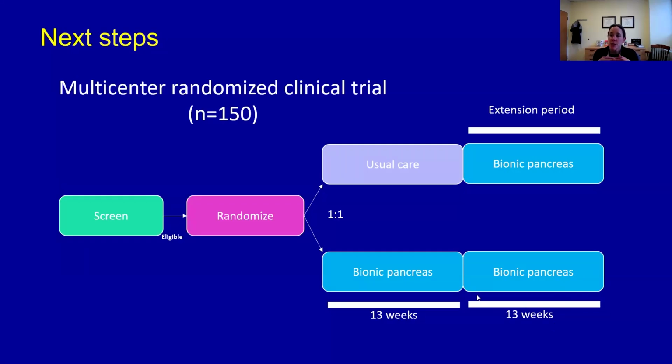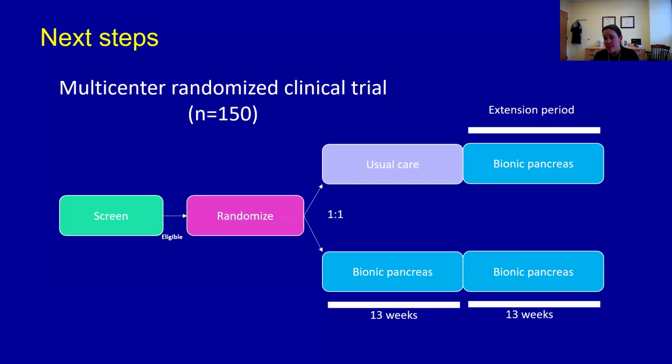Our goal is to get FDA approval for this device for people with CF, to remove some of the barriers our patients face since they don't have type 1 diabetes, to improve access to this technology and ultimately offer this to all of our patients regardless of insurance.